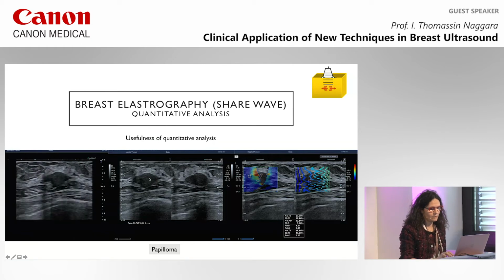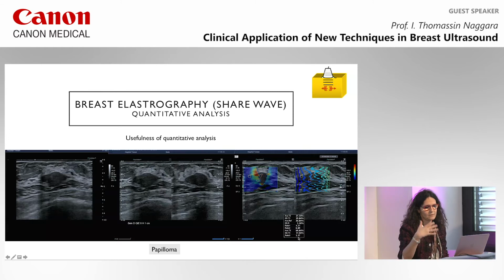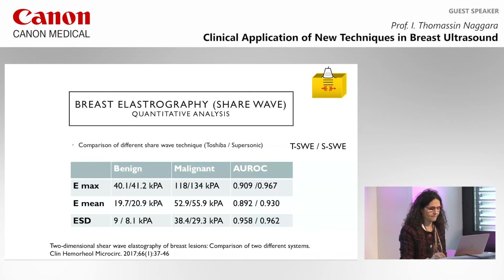You have the view of the mass in the orthogonal plane. And if we look at the elastography, there is a modification of the stiffness with ratios which are between 4 and 2. And it's important to make several regions of interest because sometimes a lesion is heterogeneous, and you need several regions of interest. This lesion was a papilloma.